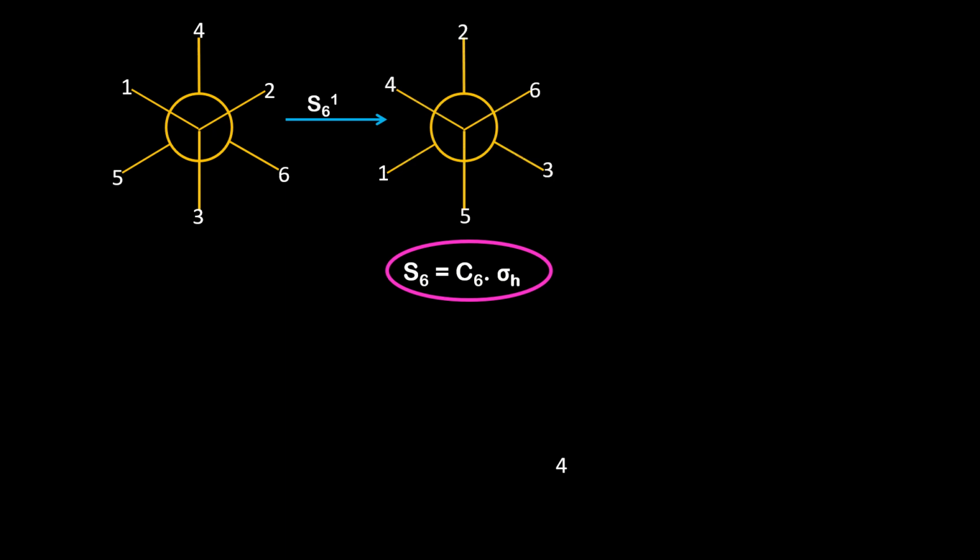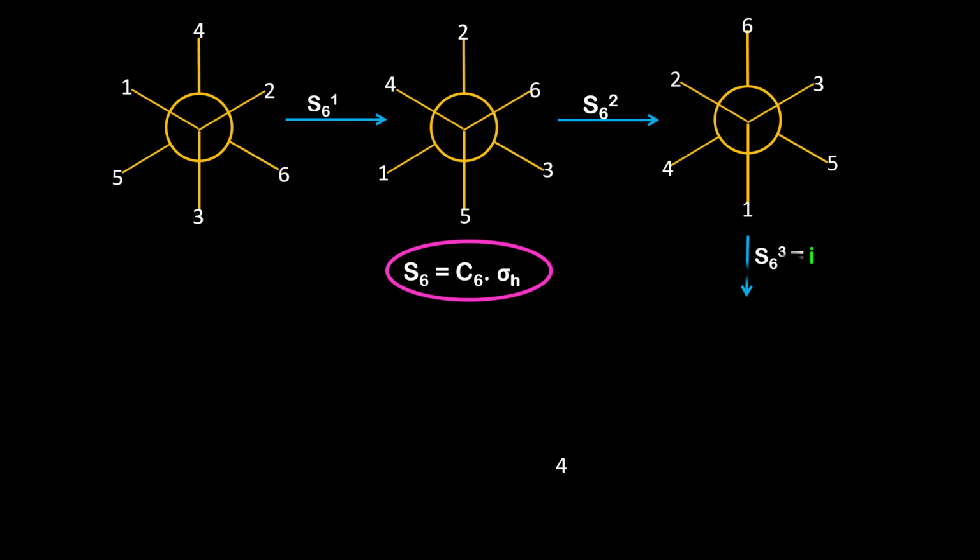S6^1 leads to the second orientation. Successive S6^2 leads to this orientation. Next S6^3 gives the inversion. Now we can compare this orientation with the first orientation.